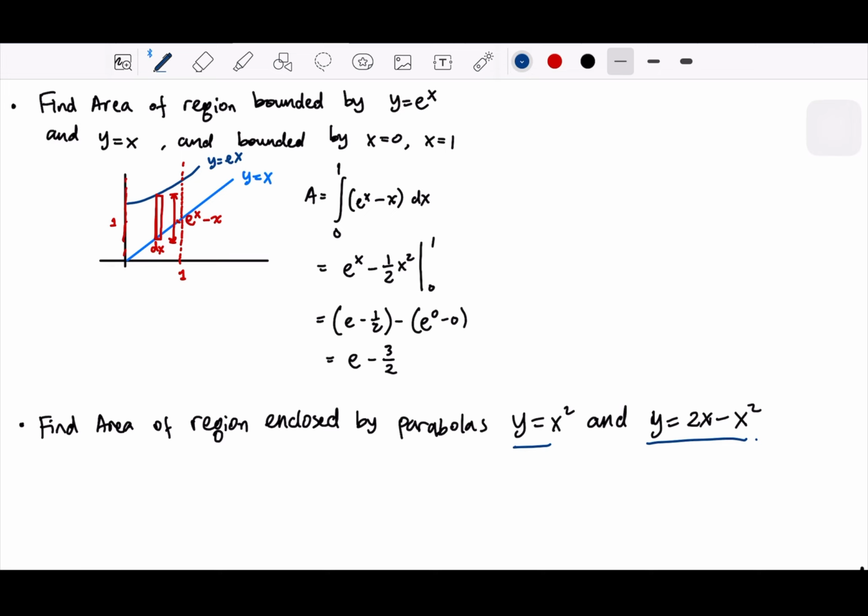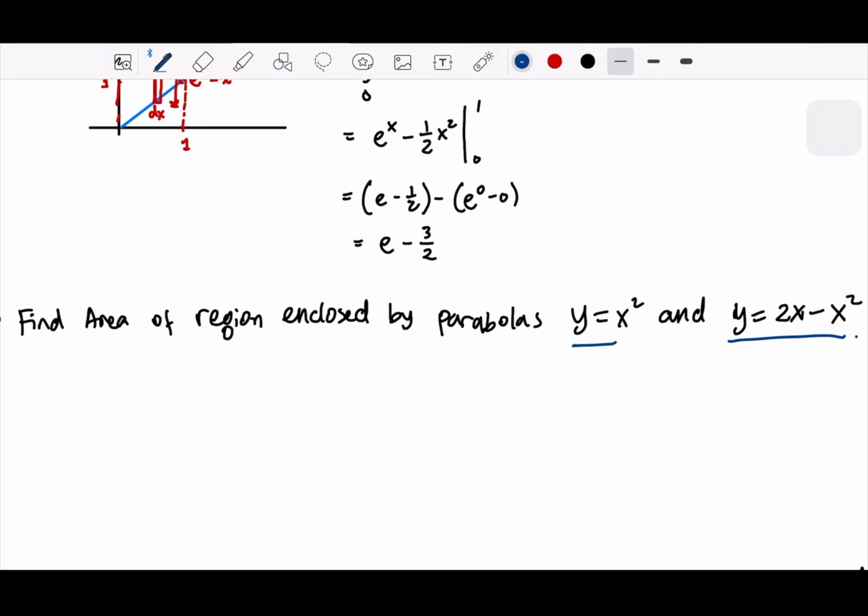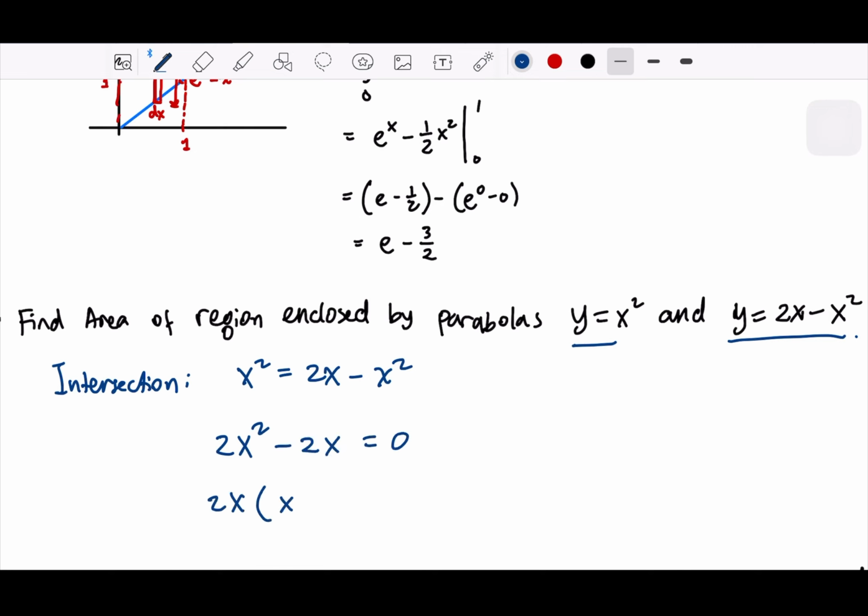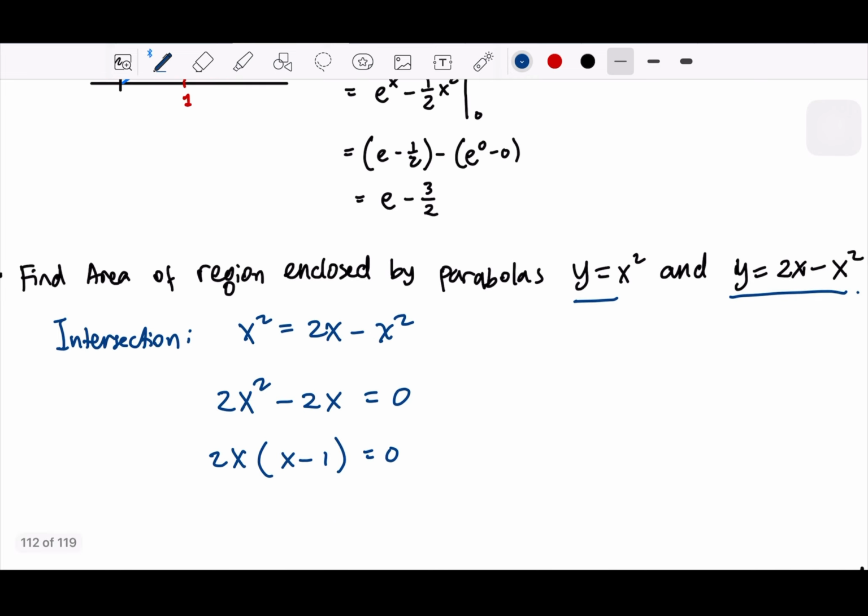So x squared equals 2x minus x squared. So this will be 2x squared minus 2x equals 0. So we see that the intersections are x equals 0 and x equals 1.